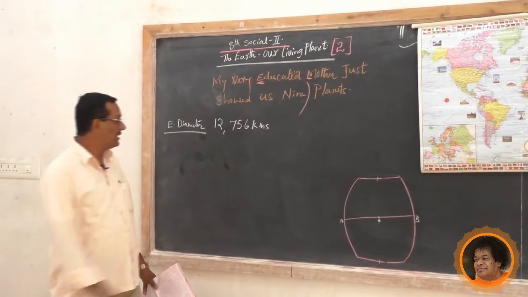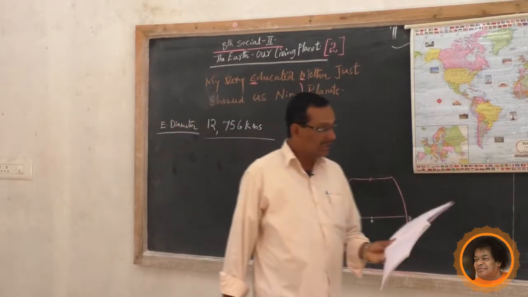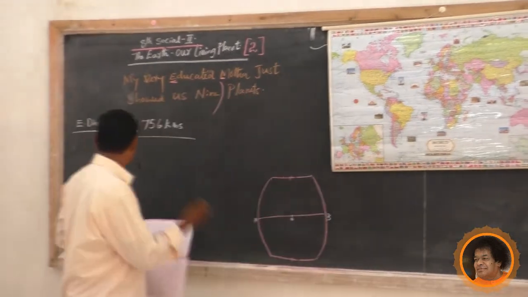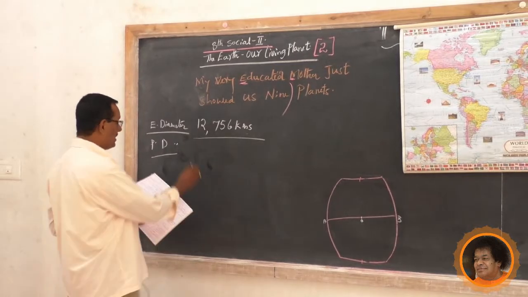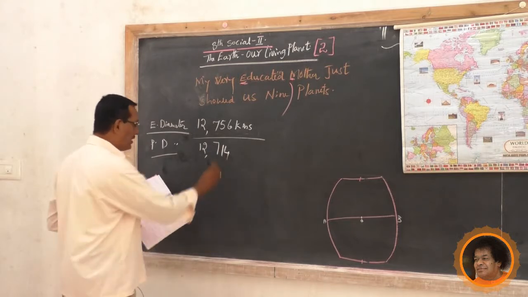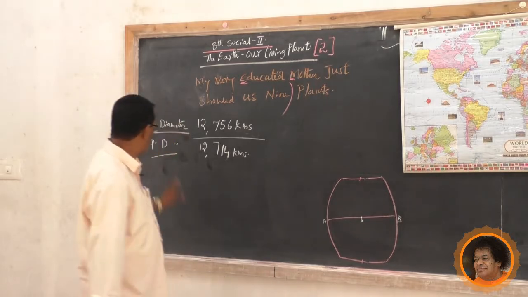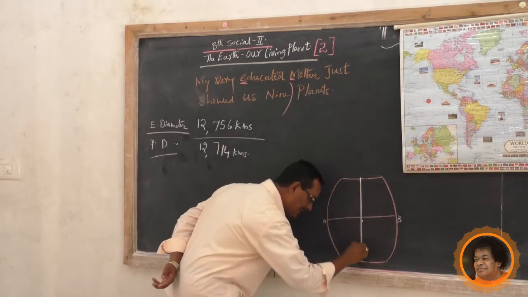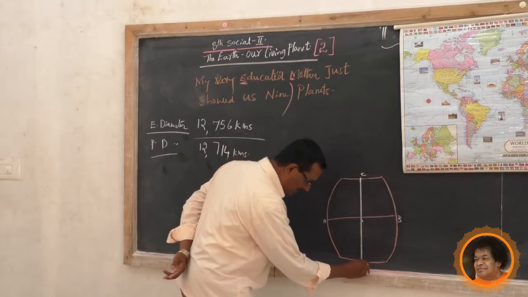And the polar diameter, PD, means CD. This is the polar diameter.